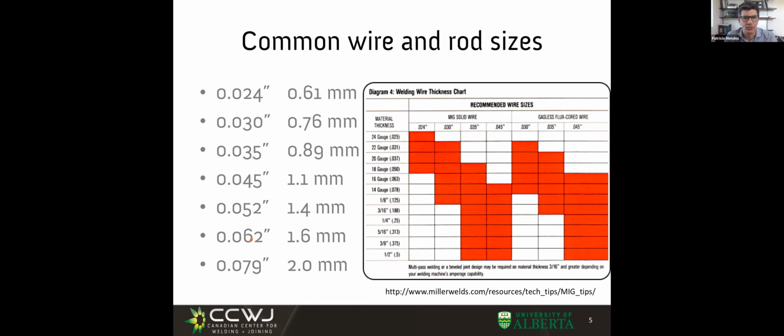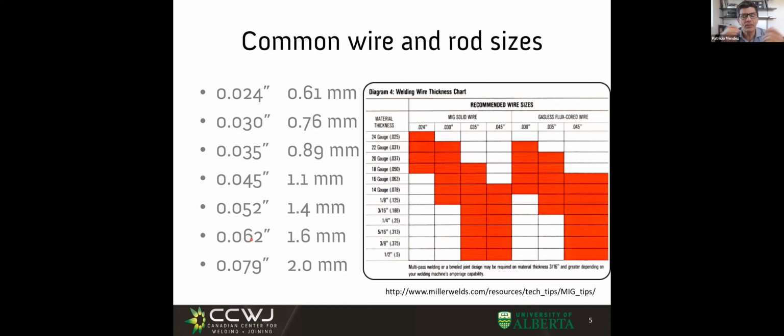One thing to know, of course, is this is much like bolts and nuts. You could have any diameter you wanted, but once people agreed on a standard, we now have one wire of one brand that can work with the contact tip and the welding equipment of another brand. So we are in a good situation that promotes exchangeability and is convenient.